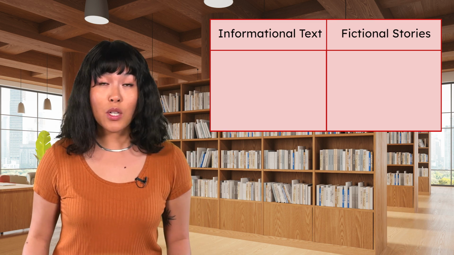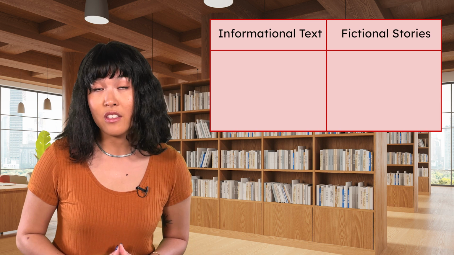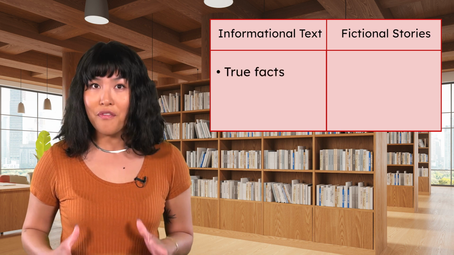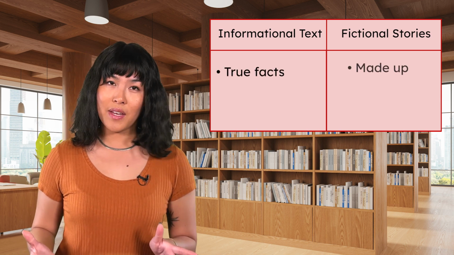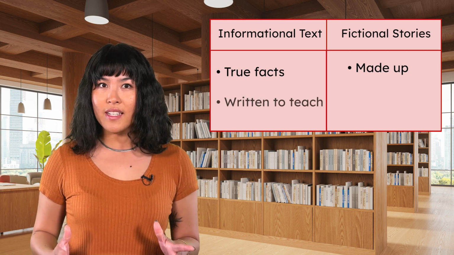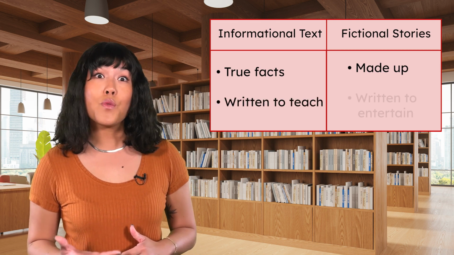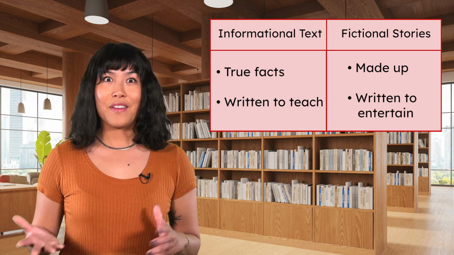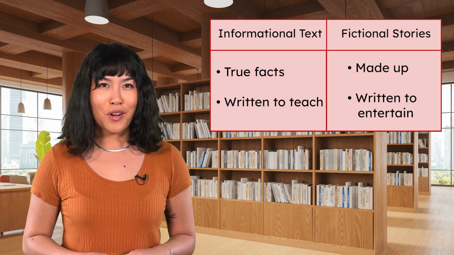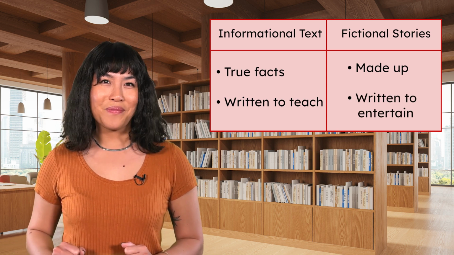The biggest difference to remember is that informational texts present readers with true facts, while stories are made up. Informational text is written to teach readers something, and stories are usually written to entertain readers. If you need to pause here to finish the chart in your notes, do that now.